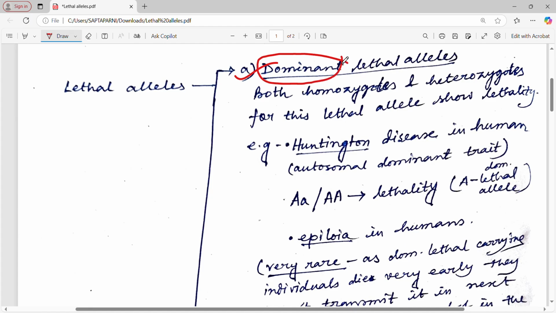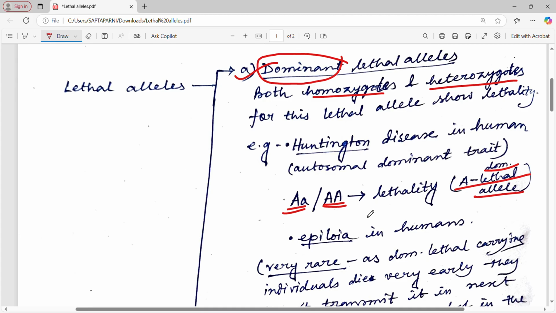That means they will show their lethality in both homozygous and heterozygous condition. Say capital A is the dominant lethal allele here. In its homozygous condition, capital A capital A, it will show lethality, as well as in its heterozygous condition, capital A small a, it will also show lethality.